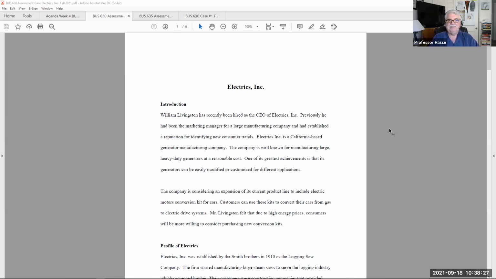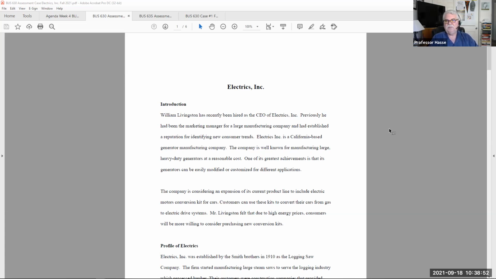It's to develop an electric engine kit to convert vehicles to electric. So the company has come up with a kit, an engine and a converter or controller, to convert a vehicle into an electric car or electric bus or electric truck, whatever. And that's what this company wants to sell.